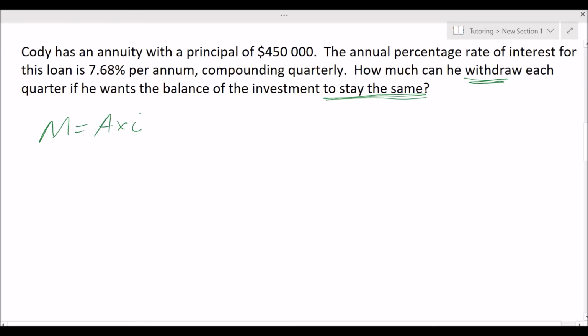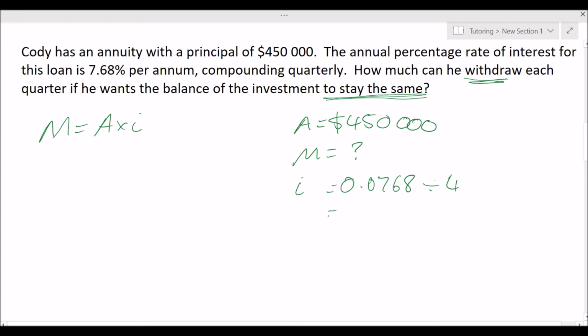Okay, if you chose the wrong formula, once again, pause, have another go. M is what we're solving for. Our interest rate is 7.68%. This is it as a decimal. It's compounding quarterly. So that gives us a value of that.